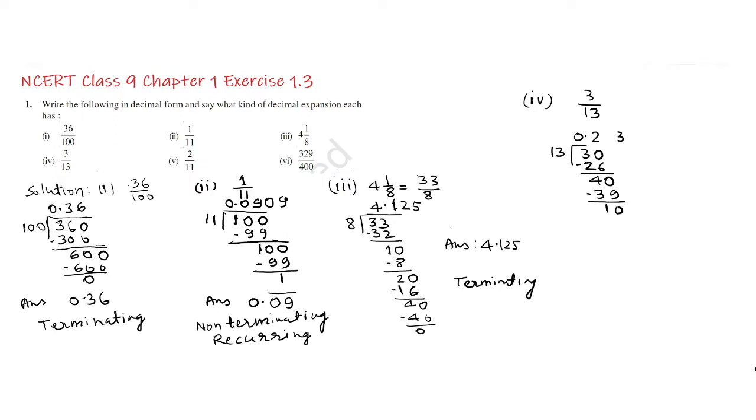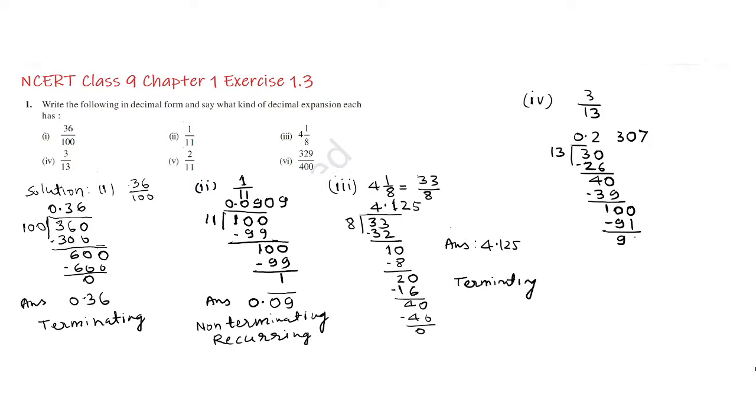We carry 0. And 10 cannot be divided by 13, so we carry one more 0, putting 0 in the quotient part. And 13 times 7 is 91. On subtracting 91 from 100, we get 9 as balance.